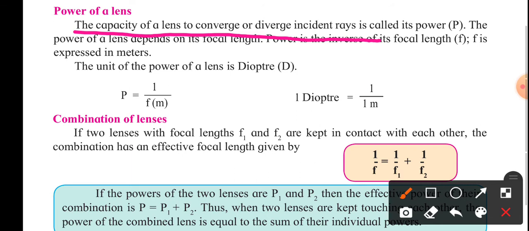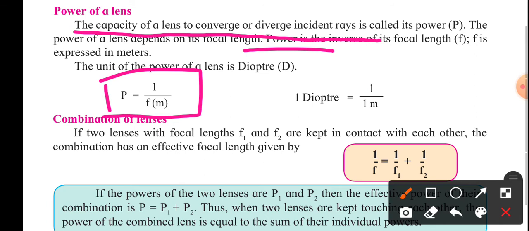The power of the lens depends on its focal length, and the formula to calculate it is P is equal to 1 upon F. But the care we have to take is that the focal length should be in meters, not centimeters. This is a very important part while solving numericals.